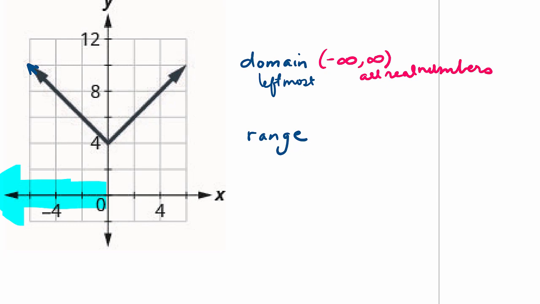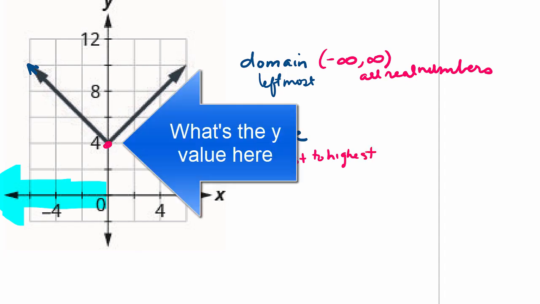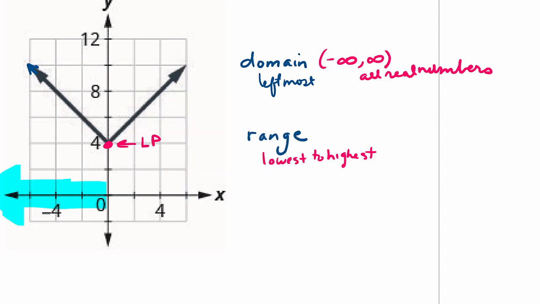Wonderful. Now what about the range? Now we're going to look at y values, from the lowest point to the highest point. This one does have a lowest point, doesn't it? It's right here. Do you see the lowest point? Lowest point, LP. I'm into initials today. So we have to describe the y value there.